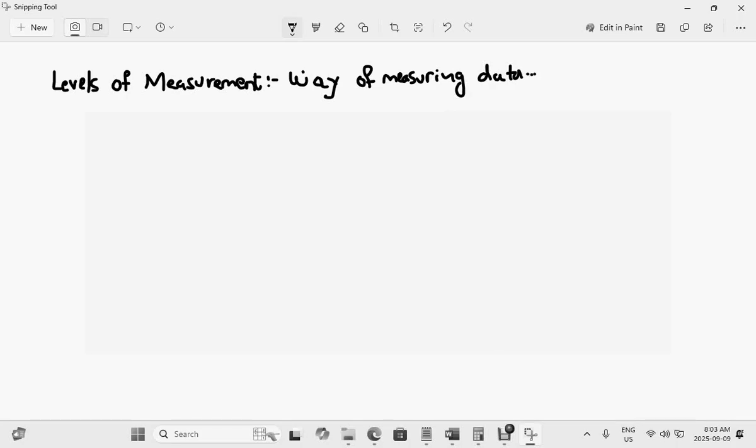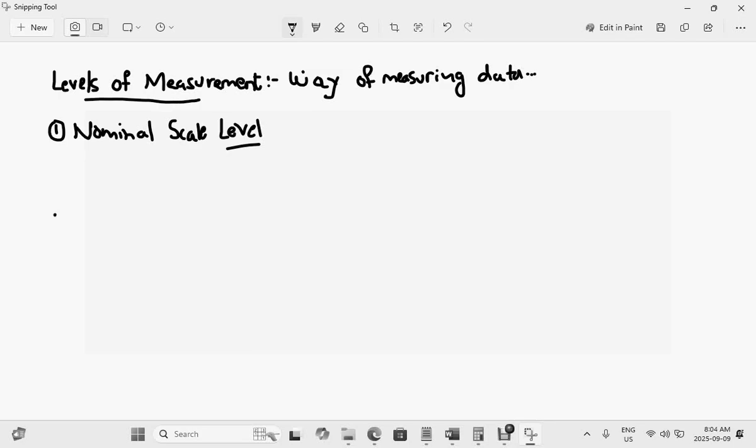And there are four types. Starting with number one, which is your nominal scale level. So this is a way of measuring data or information, hence level of measurement.